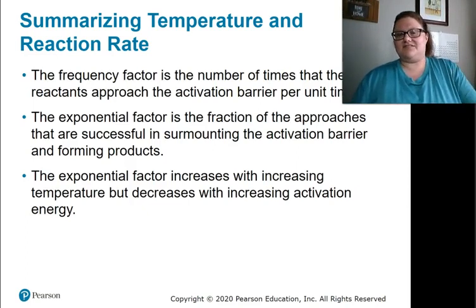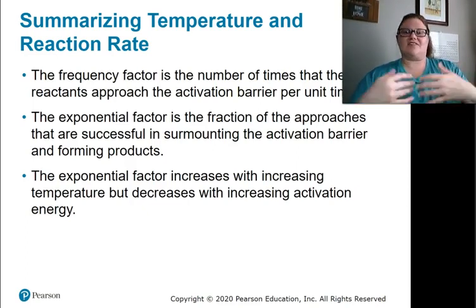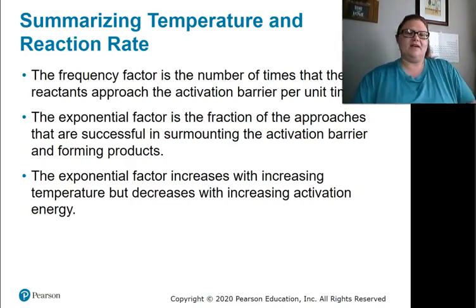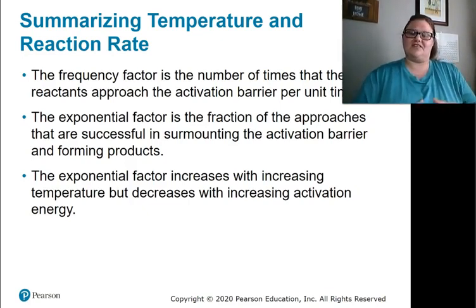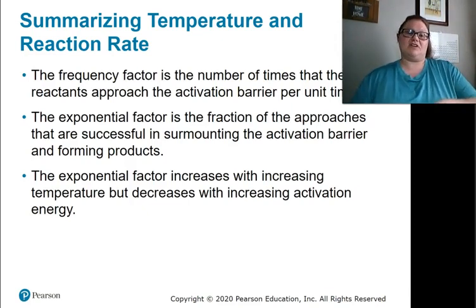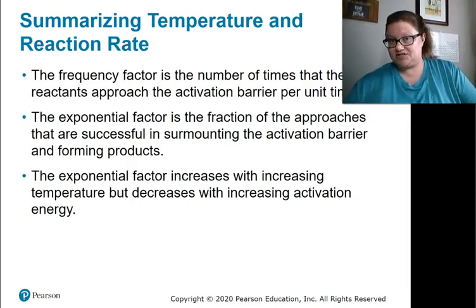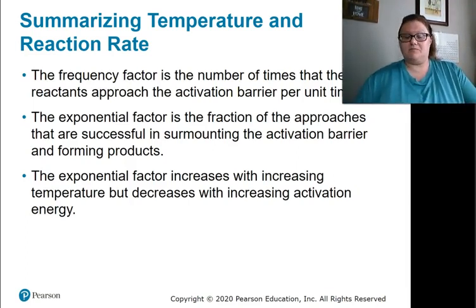Again, you're not going to have to know that definition for me. This is just helping you understand that equation and what the pieces are. And lastly, the exponential factor, as it increases, it's going to increase with increasing temperature, but that exponential factor will decrease if I increase the activation energy. So I'm making it harder, right? And I'm making it harder to reach the product side.